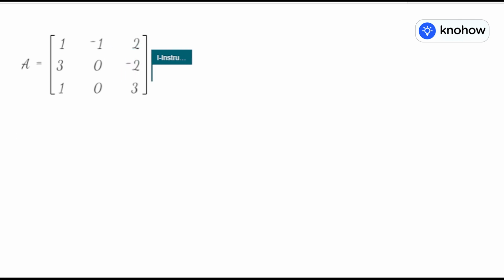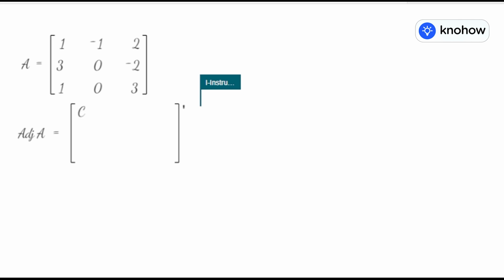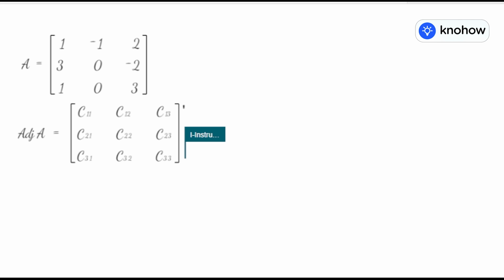Adjoint A is defined as the transpose of a square matrix of the same order, each element replaced by the corresponding cofactor. That is C11, C12, C13, C21, C22, C23, C31, C32, C33. And what are cofactors? The minor with the proper sign. The proper sign you should always write aside for your ready reference.